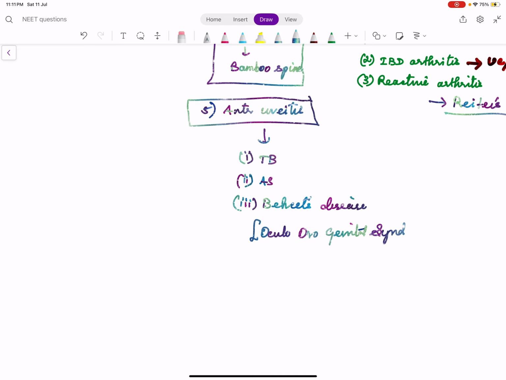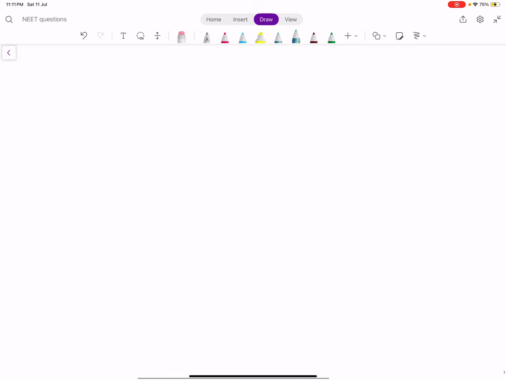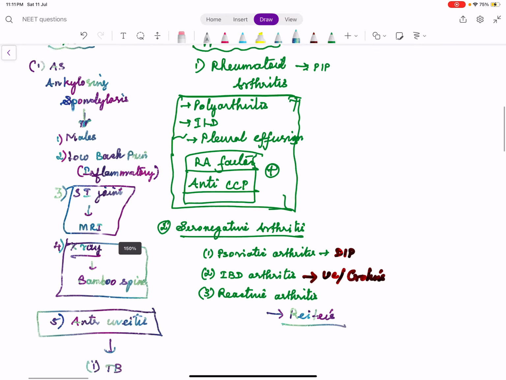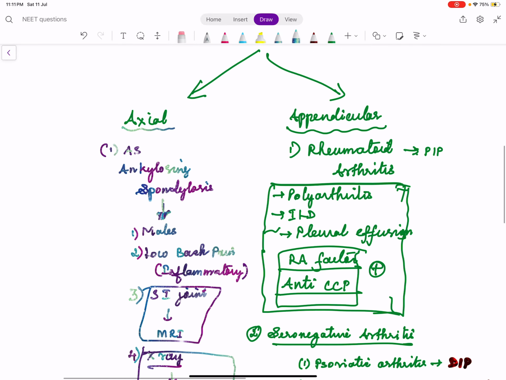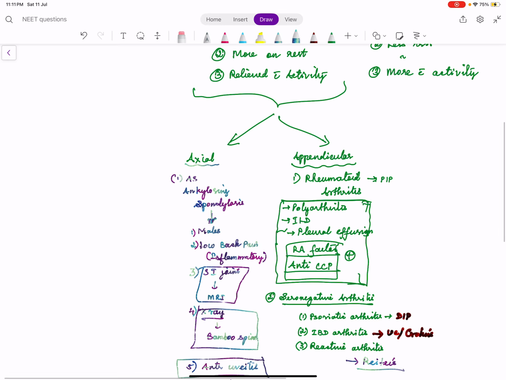It causes ulcers everywhere: genital ulcers, oral ulcers, ocular ulcers and anterior uveitis. In Behçet's disease, the gene associated is HLA-B51. So 2 genes we discussed now. HLA-B51 is for Behçet's disease. HLA-B27 is for ankylosing spondylitis.